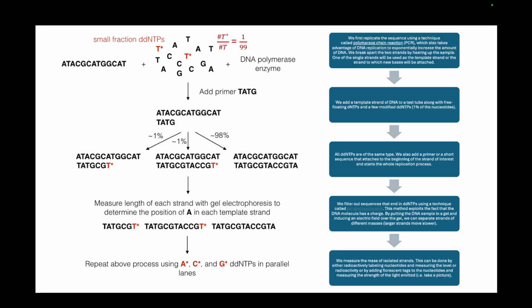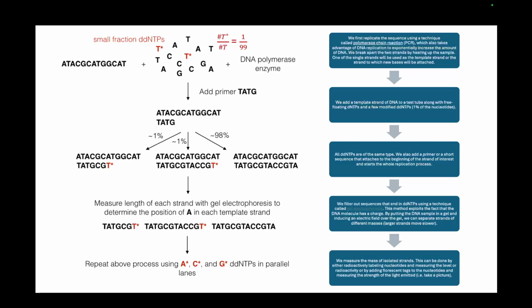It takes advantage of DNA replication to exponentially increase the amount of DNA. You start with a short amount of DNA and amplify the same strand multiple times, so the amount of DNA exponentially increases.